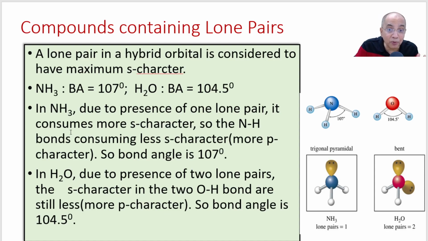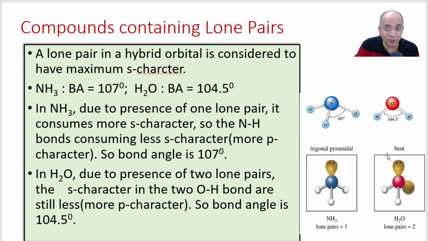So the presence of a lone pair in the nitrogen atom consumes more S character, because the lone pair orbital consumes more S character. If S character is consumed more by this lone pair orbital, then the S character relatively becomes less in the three NH bonds. So the repulsion is less, and the bond angle is less than the tetrahedral.